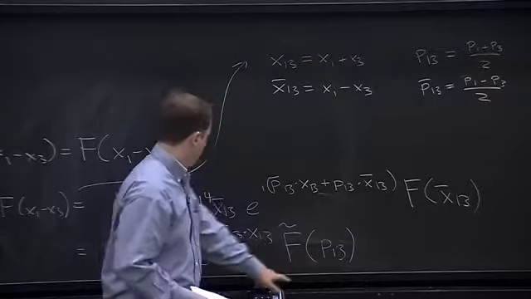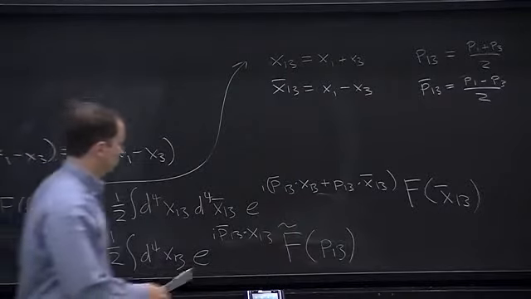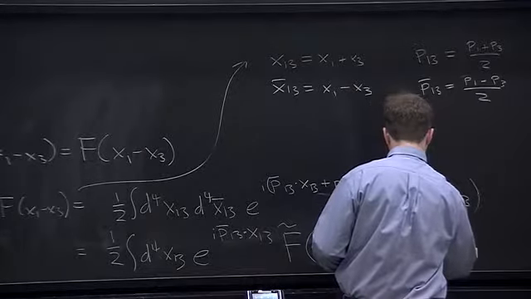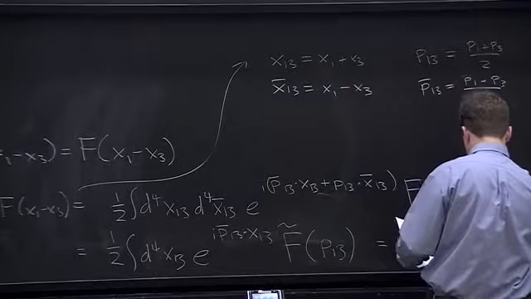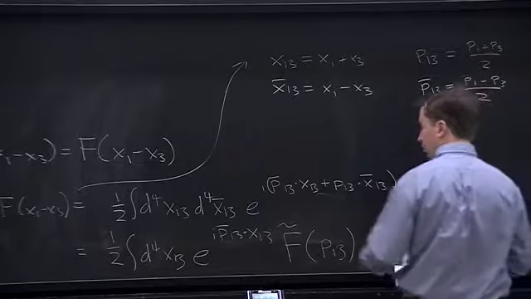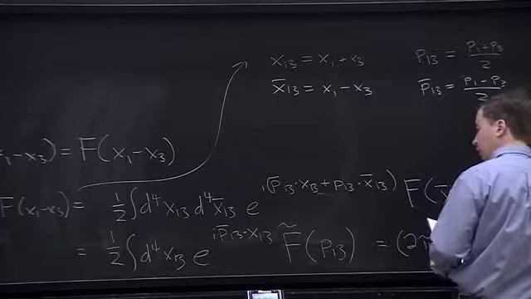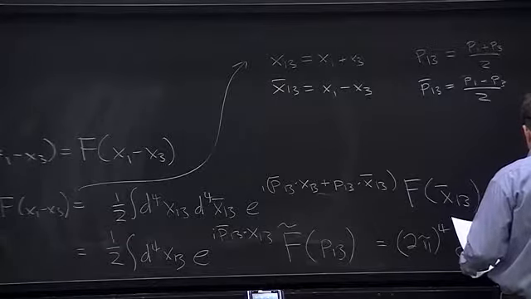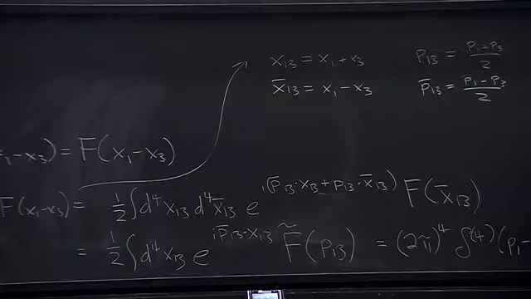F tilde is now independent of x3. So the second integral is just going to give us a delta function. It'll give us a delta of p bar 13, which we can rewrite in terms of a delta of p1 minus p3. And that'll kill the one factor of a half out front. So we're left with delta of p1 minus p3. And then we've got F tilde back in terms of original coordinates, of (p1 plus p3)/2.